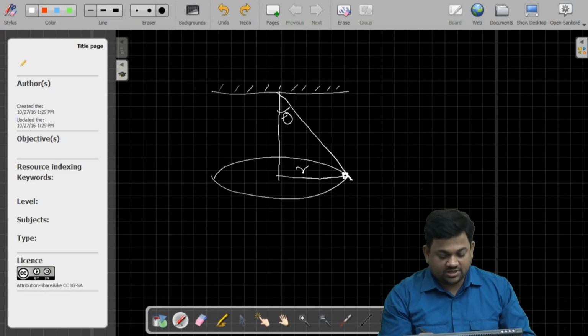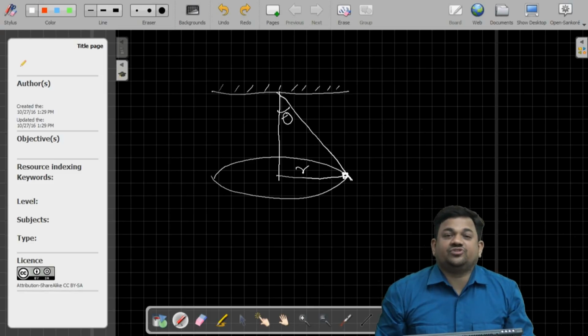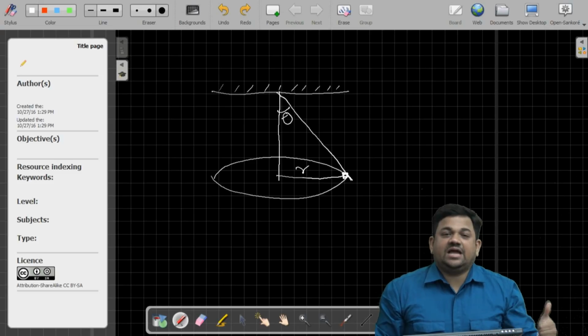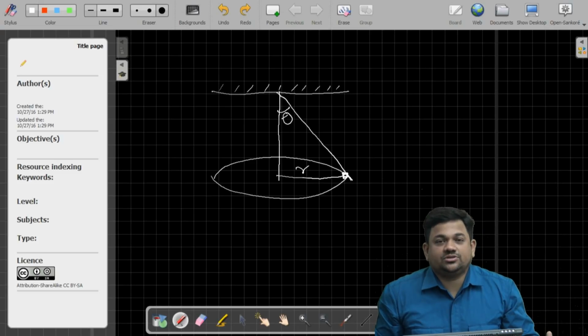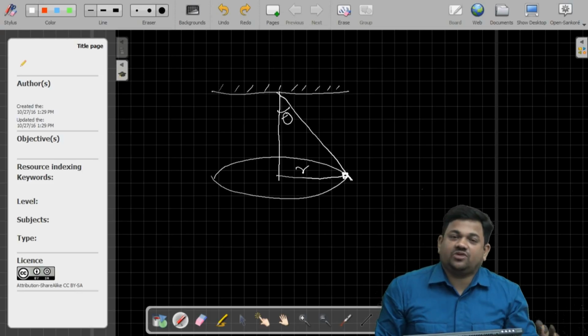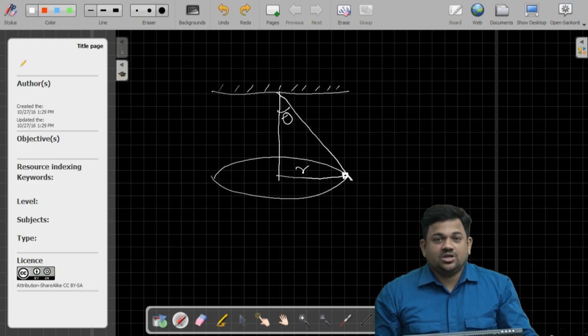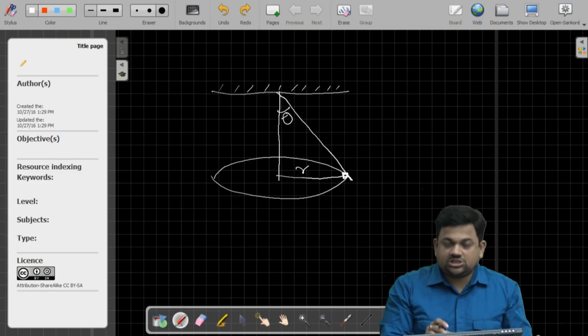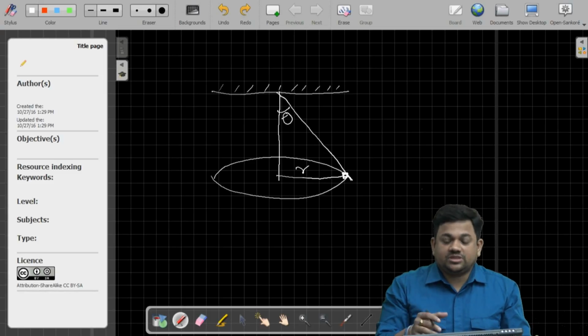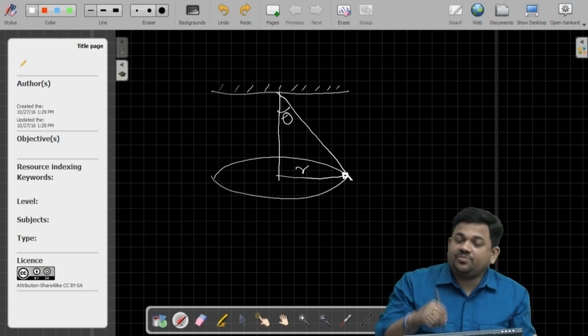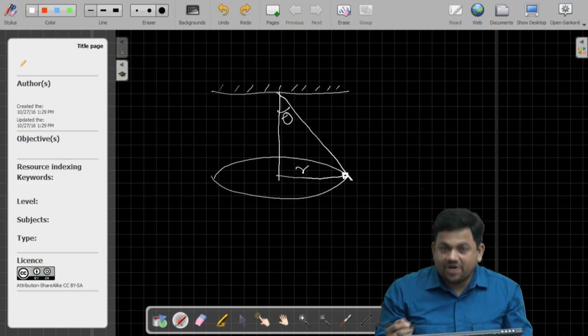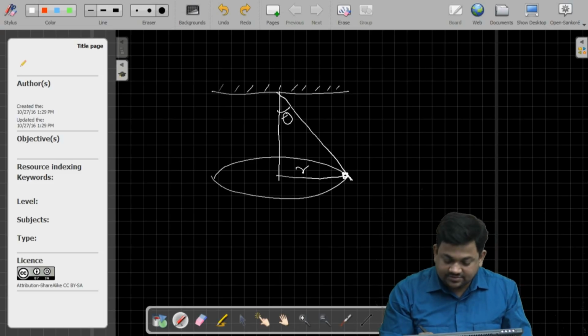Now suppose I talk about the basic forces, I told you what a basic force is already. Weight mg is a basic force, tension in the string is a basic force, and normal reaction is a basic force. In this particular scenario, mg comes into the picture, the body exists, so mg exists.